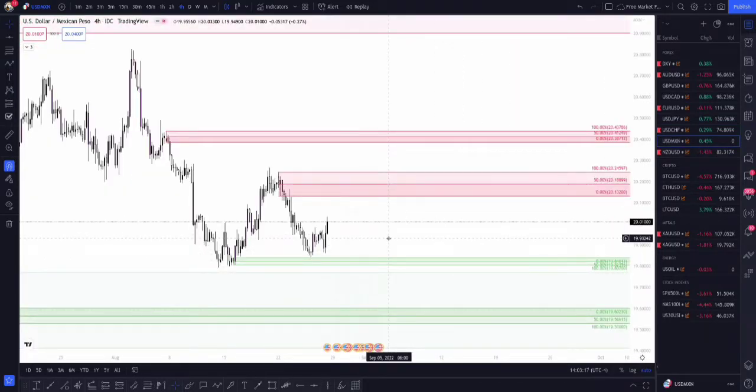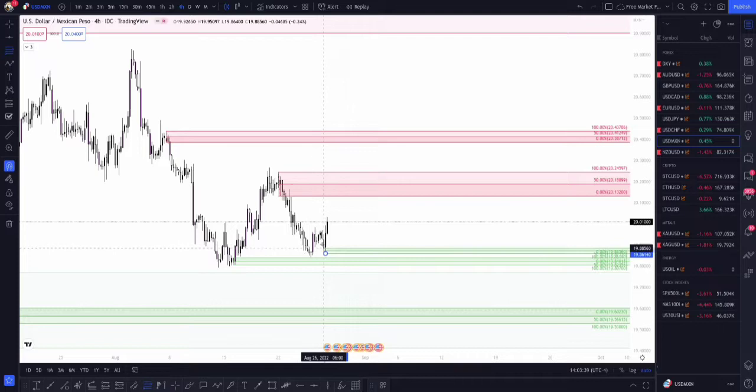We have more long positions reported. We currently had the respecting of this 4-hour demand. We had a lot of buying pressure just before it actually tapped into it, so this is still unmitigated 4-hour demand, because it did take out this short-term or transitional supply.